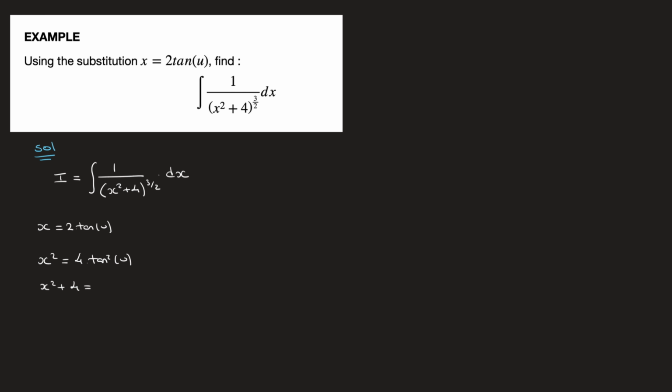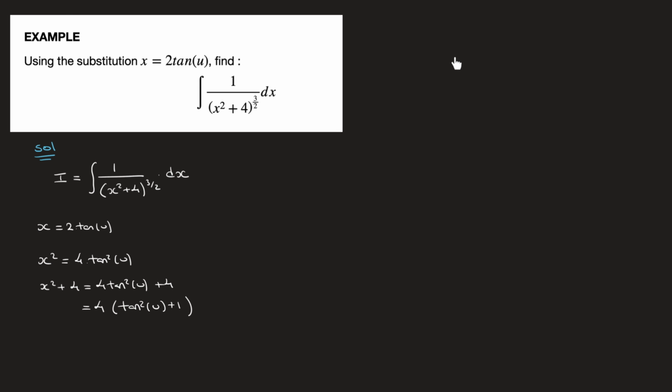So I'll quickly write that. That's 4 tan squared of u plus 4, which we could also write as 4 times (tan squared of u plus 1). And I should point out that as soon as you see tan squared of u plus 1, or more generally tan squared of x plus 1, that should ring bells.